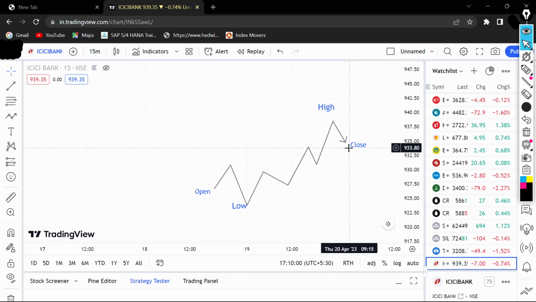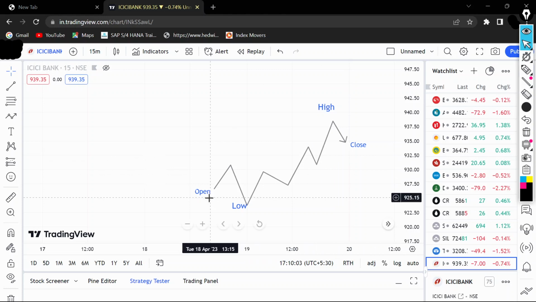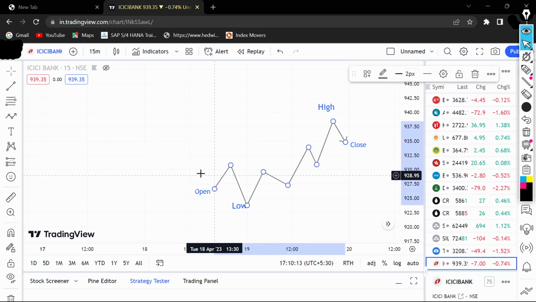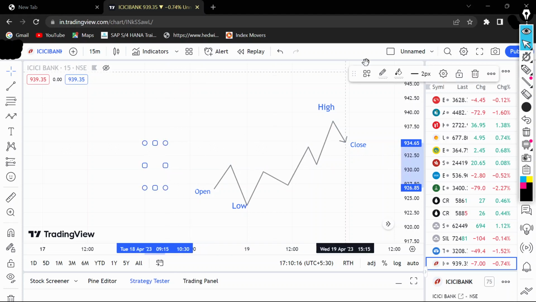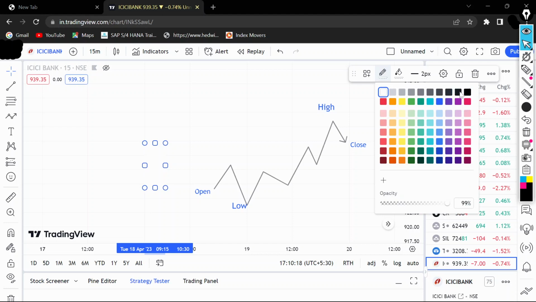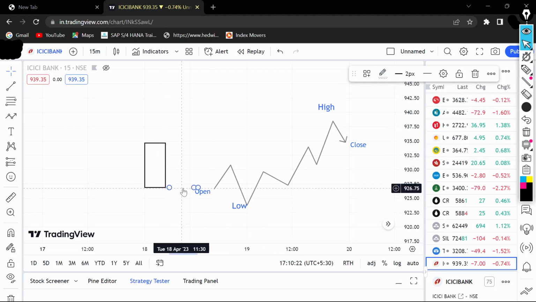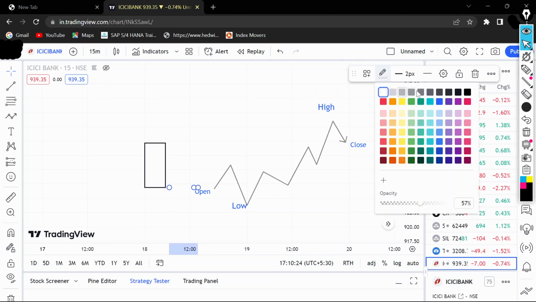Assume it's ICICI Bank, right? So it opens here, made a low, made a high, and closed here. If you represent this price movement in a candle, it will look like this. See, this is the open, and this is the close.